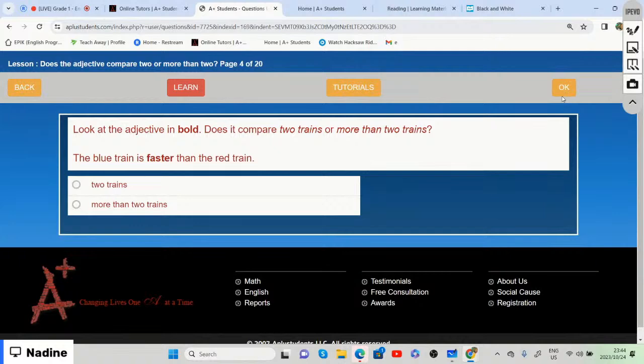So we can say this is comparing two trains, because we're saying the blue train is faster than the red train. And since our adjective ends in ER, it is a comparative adjective. So two trains is correct.